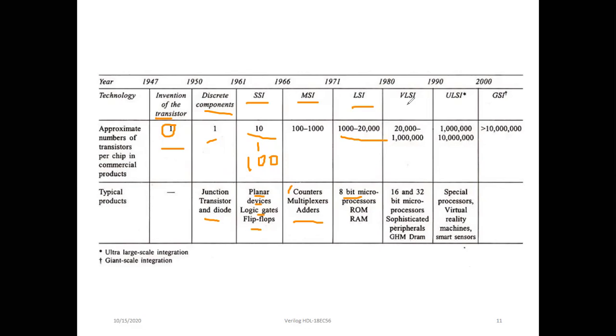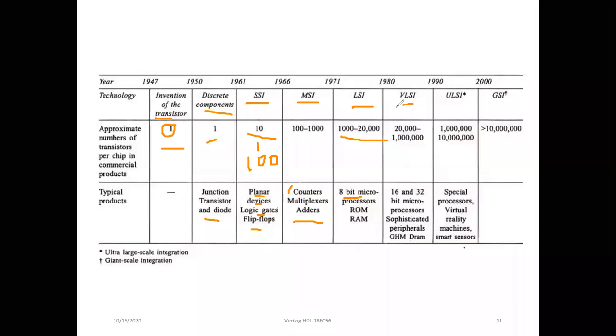Later we got VLSI, that is very large scale integration. Here we are having 20,000 to 10 lakh transistors integrated in a single IC. The examples of VLSI, I can say 16-bit and 32-bit microprocessors and some sophisticated peripherals, GSM, DRAM also I can say.